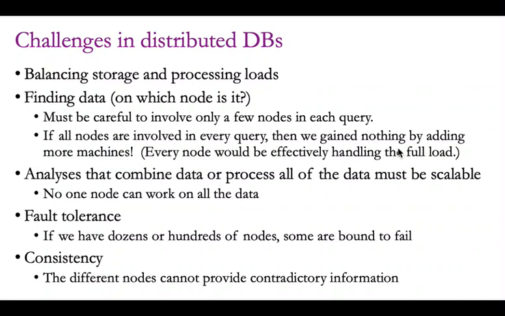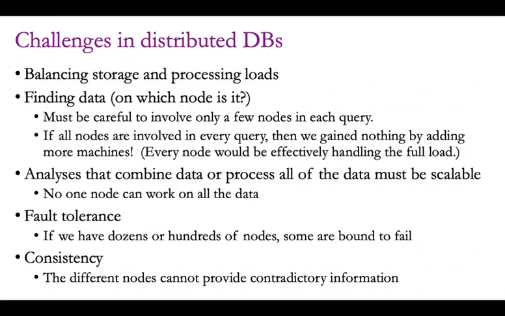Every node would have to be fast enough to handle all the queries across the whole system, which would be a problem. The whole reason we moved to many machines is that a single machine wasn't capable of handling the whole load, right? So we need a scheme for finding data that doesn't involve asking everyone each time, but somehow finds just a few of the nodes that have the data we need.